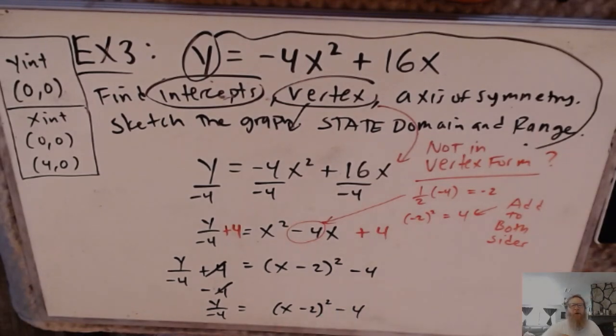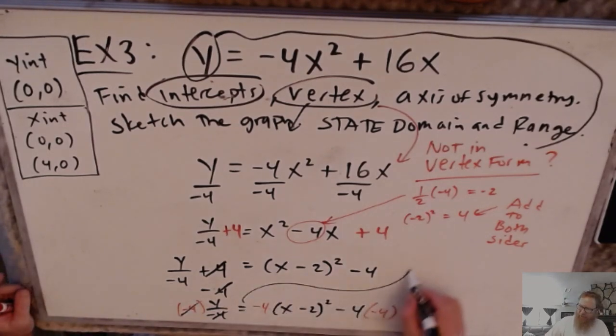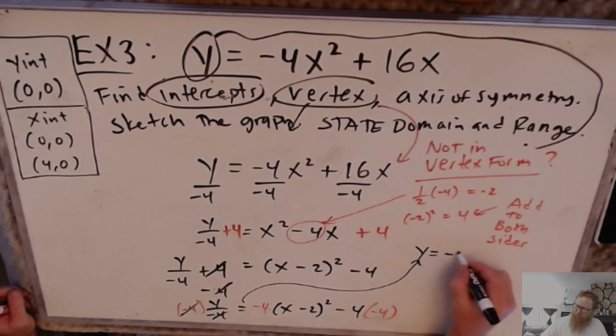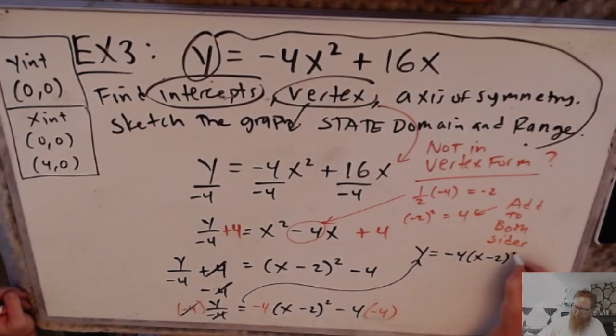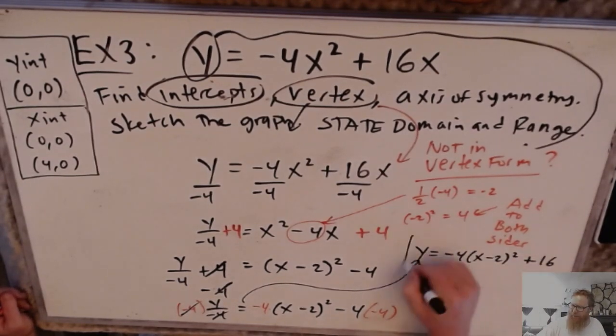And then we're going to multiply by -4. There's a lot of 4s here. Hopefully you don't get lost in this mess of 4s. So you're going to get y equals -4(x - 2)² + 16.